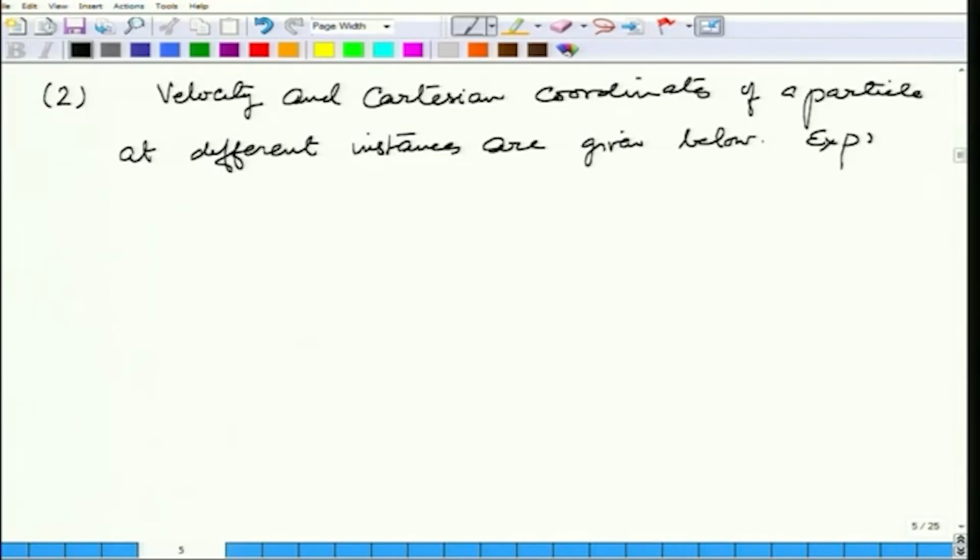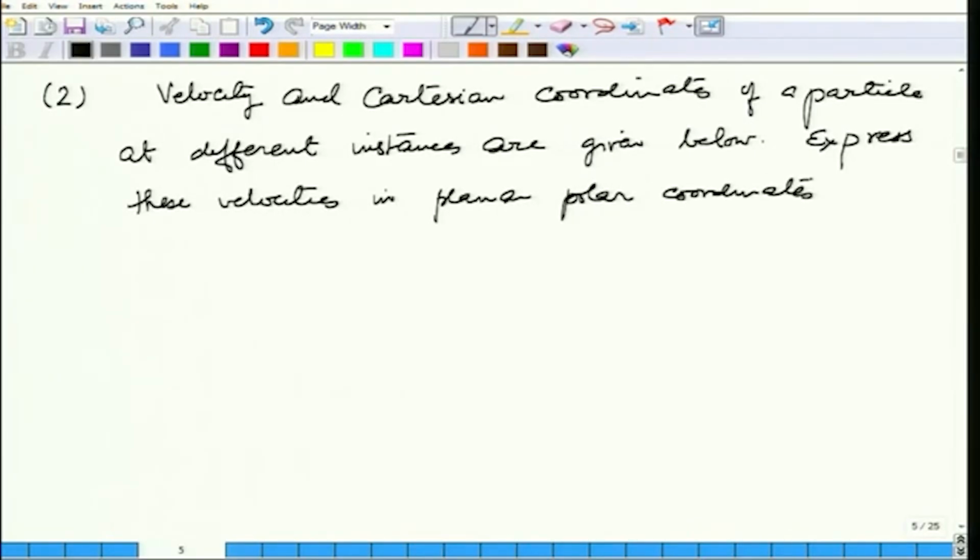Express these velocities in planar polar coordinates.